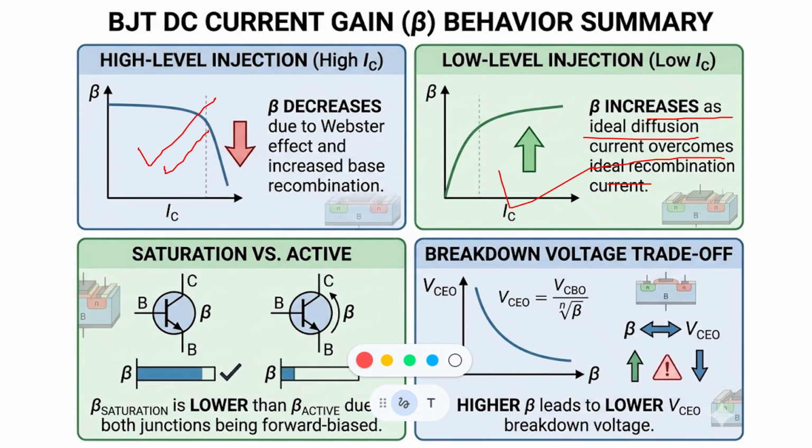In the saturation region, what will happen? Beta in saturation is lower compared to the active beta, due to both junctions being in forward bias. For breakdown voltage trade-off, your VCE and beta, right? So higher beta leads to lower VCE breakdown voltage.